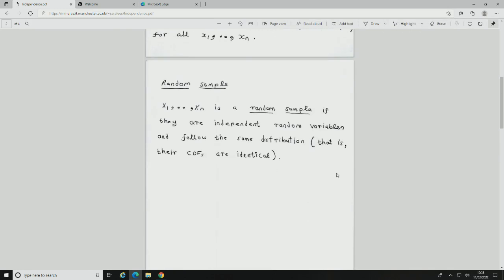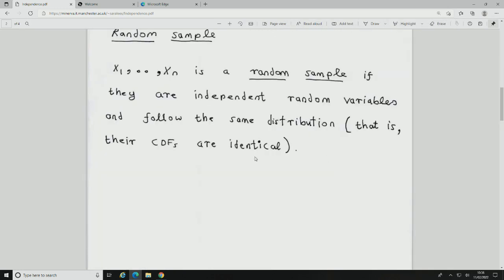See, this is the definition of a random sample. You say something is a random sample if they are independent variables and follow the same distribution, right? In other words, they have the same cumulative distribution function, and they are independent random variables, right? All right, so let's look at an example. So this is example number 3.